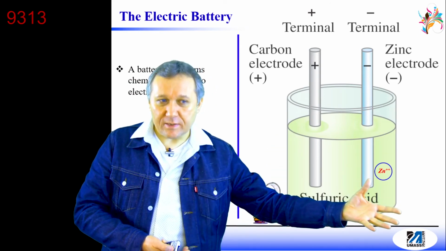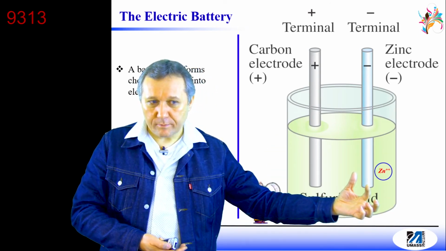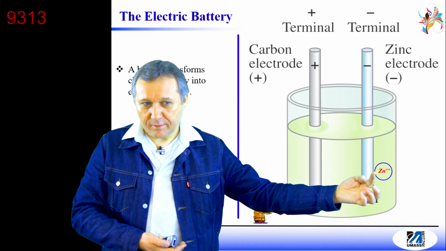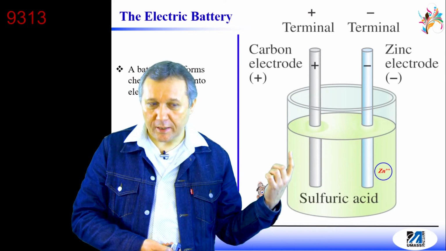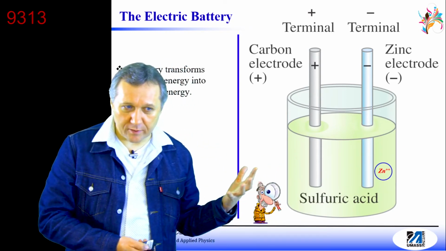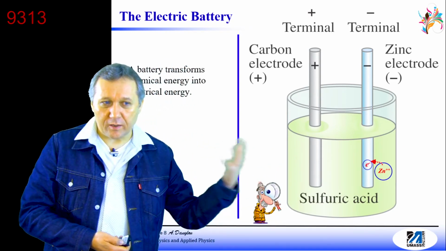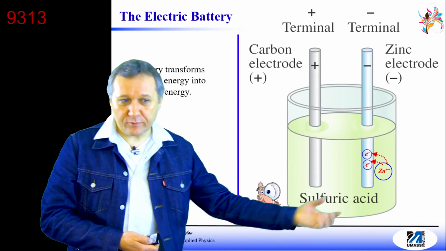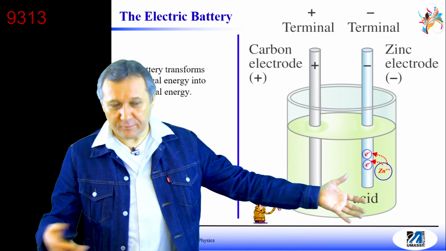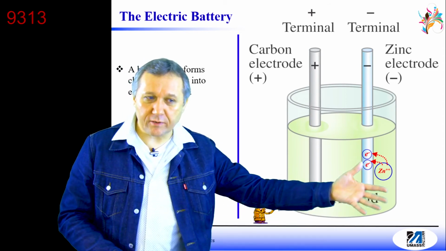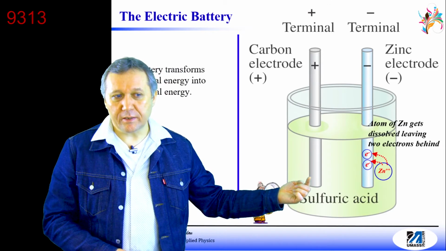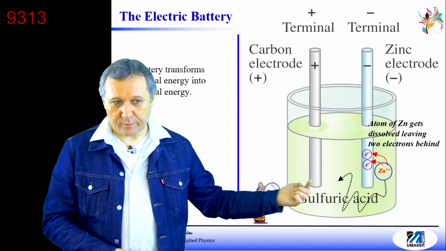So it leaves this electrode as a positively charged ion, leaving behind 2 electrons. That's what happens during that chemical reaction. So basically it's stripped of 2 electrons. Okay, so now this zinc ion is free to wander, and of course it will start drifting around, and sooner or later it will end up near this carbon electrode.